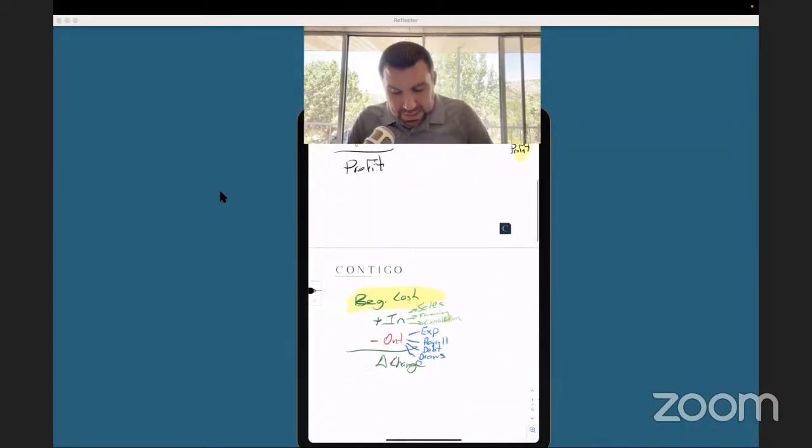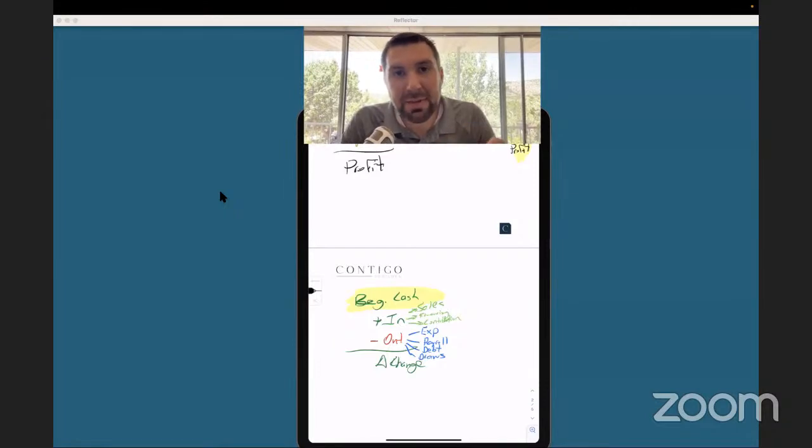So these are the basics. You can build more. For businesses that are much bigger, there are scorecards that you can develop, but that's a little bit of a different angle.